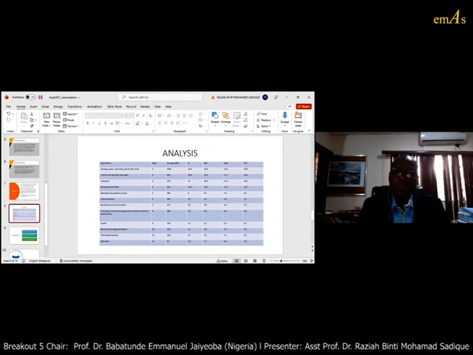B40 is defined as the lower income group, M40 is the middle income group, and T20 is the upper income group. If you look here, B40 income is less than 4,000 ringgit Malaysia.